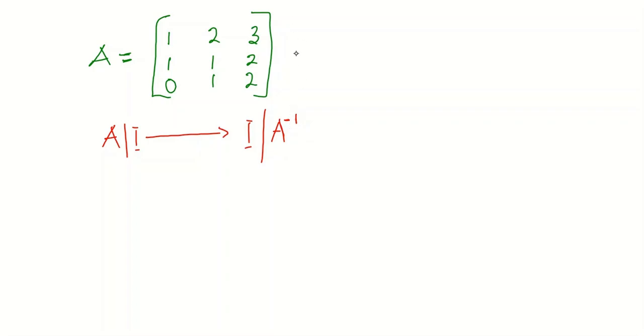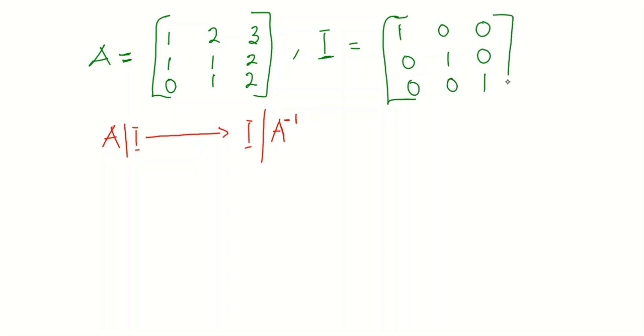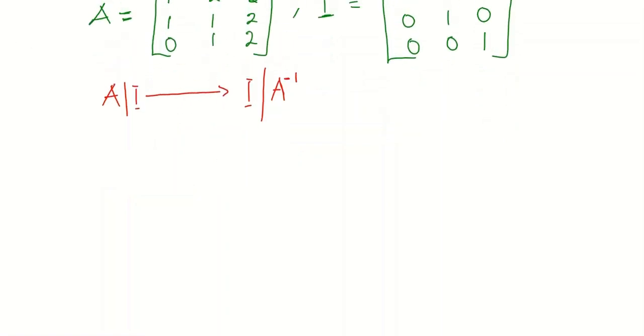Since this is a 3 by 3 matrix given to us as A, we can write our identity matrix as a 3 by 3 matrix. So in that case we are going to have 1 0 0, 0 1 0, 0 0 1. Straightforward, we are going to augment it with the matrix given to us.